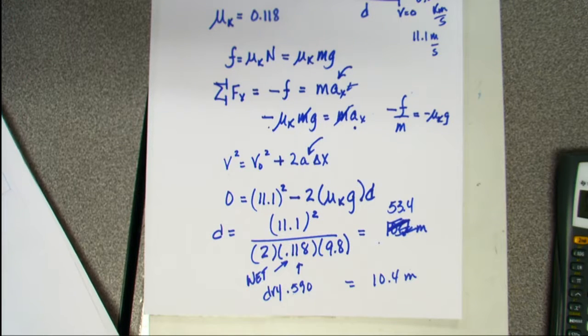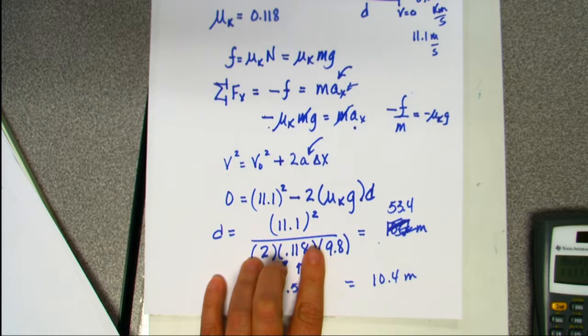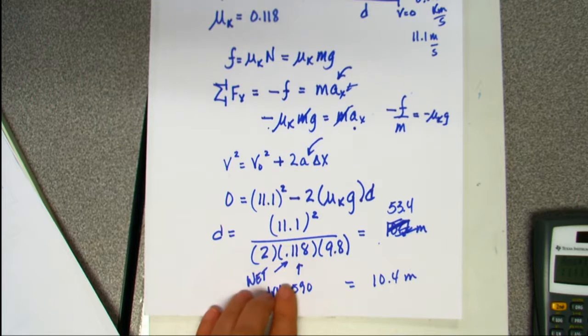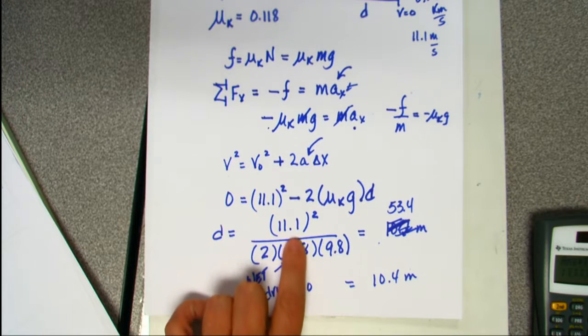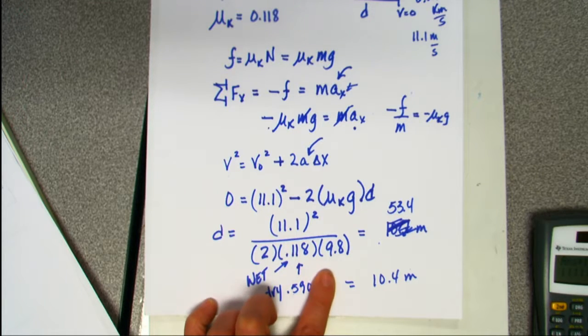I didn't get that calculation right. It should be 11.1 squared divided by 2 times 0.118 times 9.8.